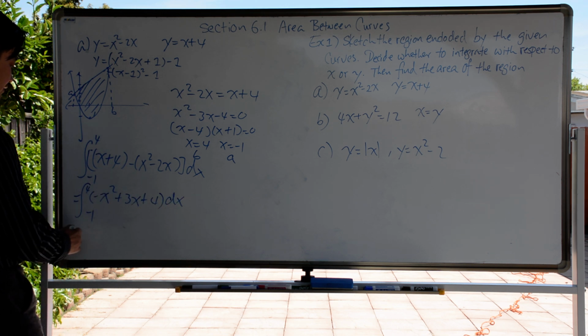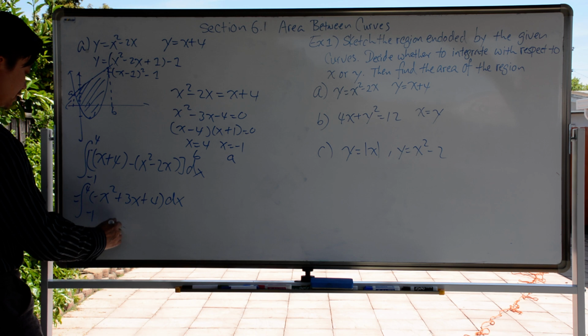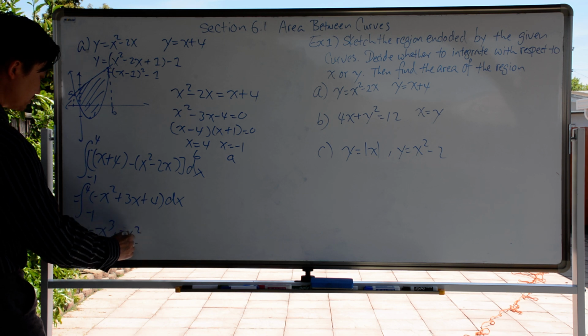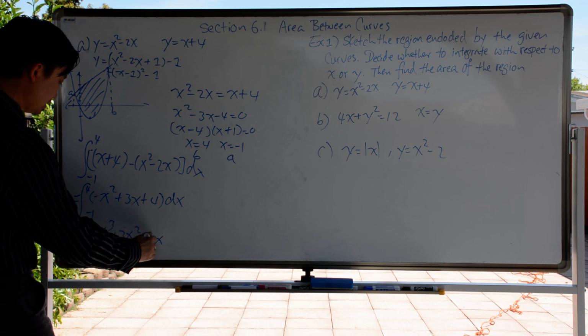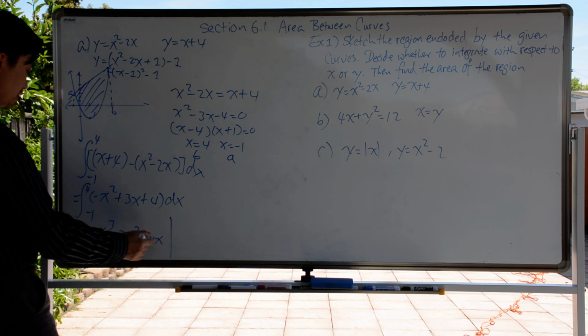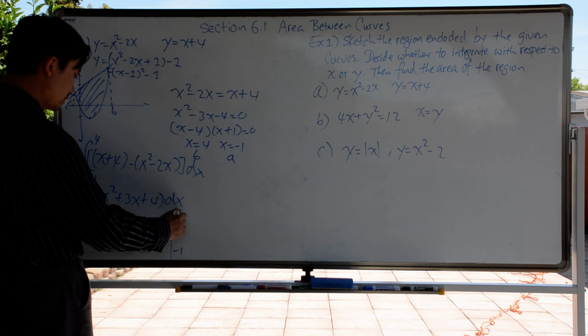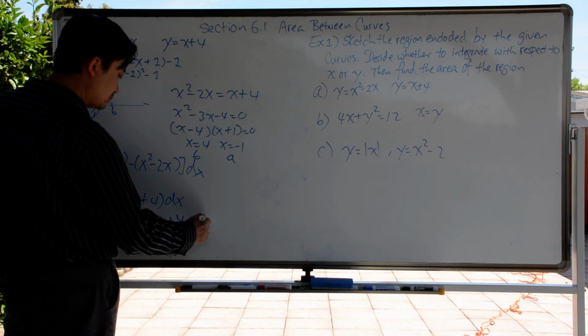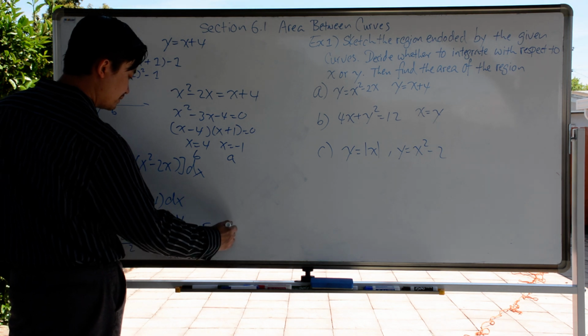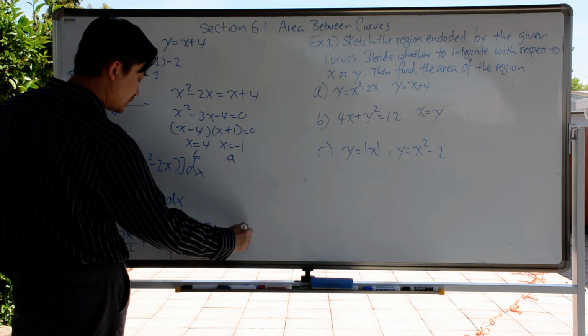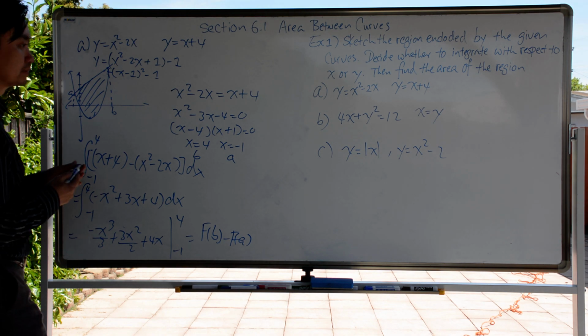The rest is just integrating it: negative x to the power of 3 over 3 plus 3x squared over 2 plus 4x. Then plug in the boundary, negative 1 to 4, using F of b minus F of a. So you can finish this one on your own.